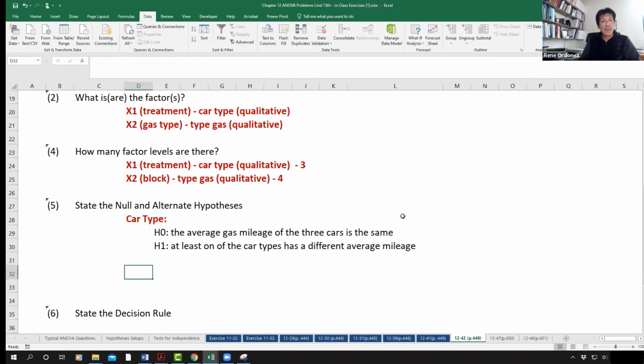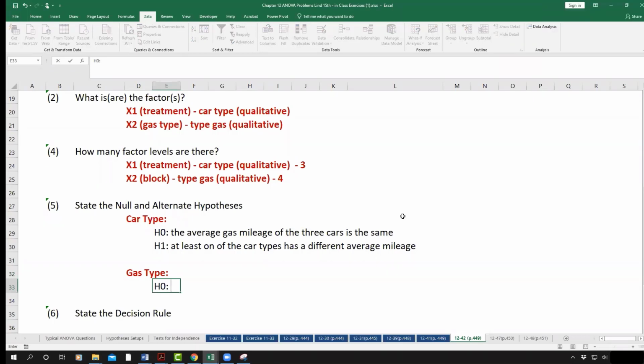And then for the gas type, the null hypothesis. James, are you there? Yeah. So that would end up being the average of the different types of gas, correct?